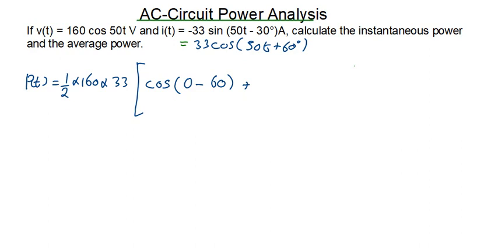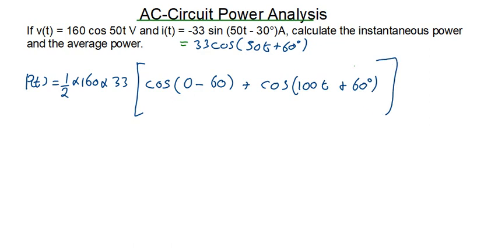Then plus cos of 2 omega t. My omega is 50, so that gives me 100t. Then plus 0, which is the phase angle for the voltage, plus 60, the phase angle for the current, so 60 degrees there.